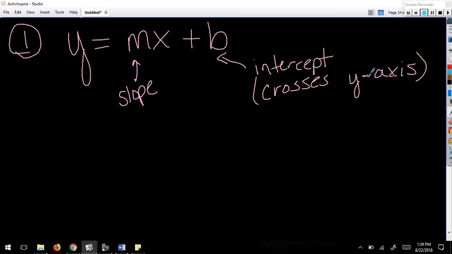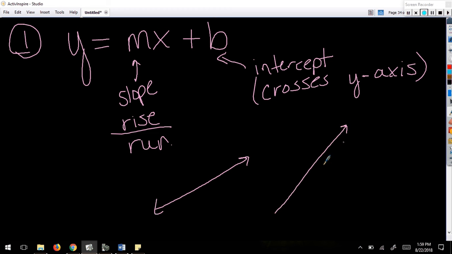It's kind of like an angle, the steepness of the line, okay? The rise over run. Very good. So when we talk about steepness, we're talking about if it goes up like this, or maybe it's even steeper, it has a bigger slope, okay? So rise over run.